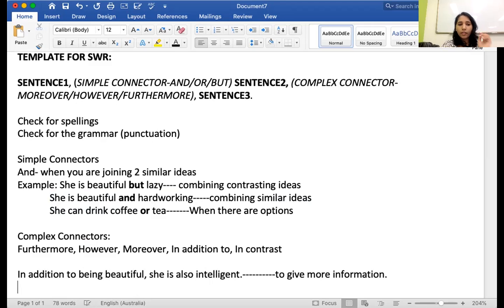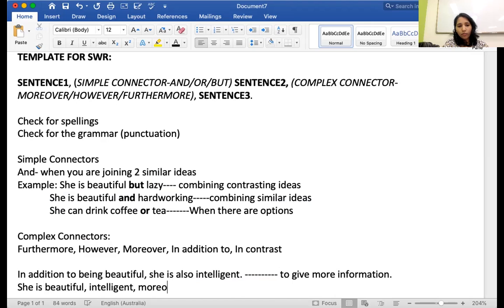You could also use this word moreover to give more information or to add to it. So you could use words like, she is beautiful, intelligent.